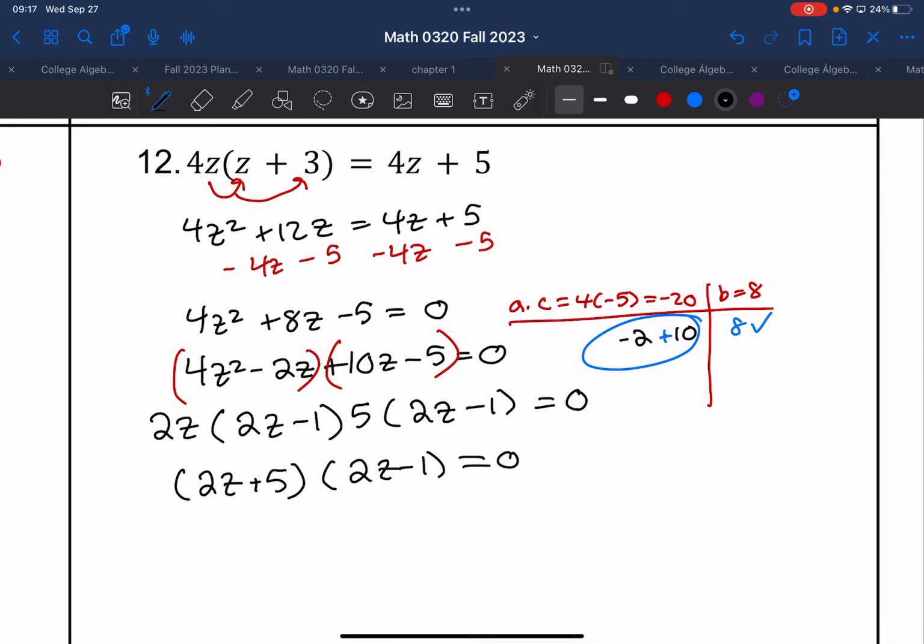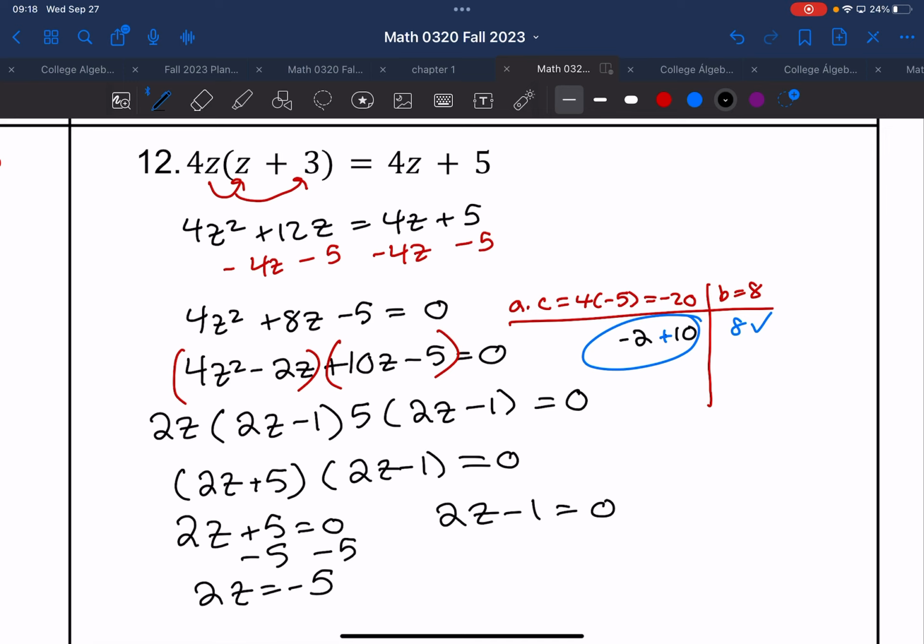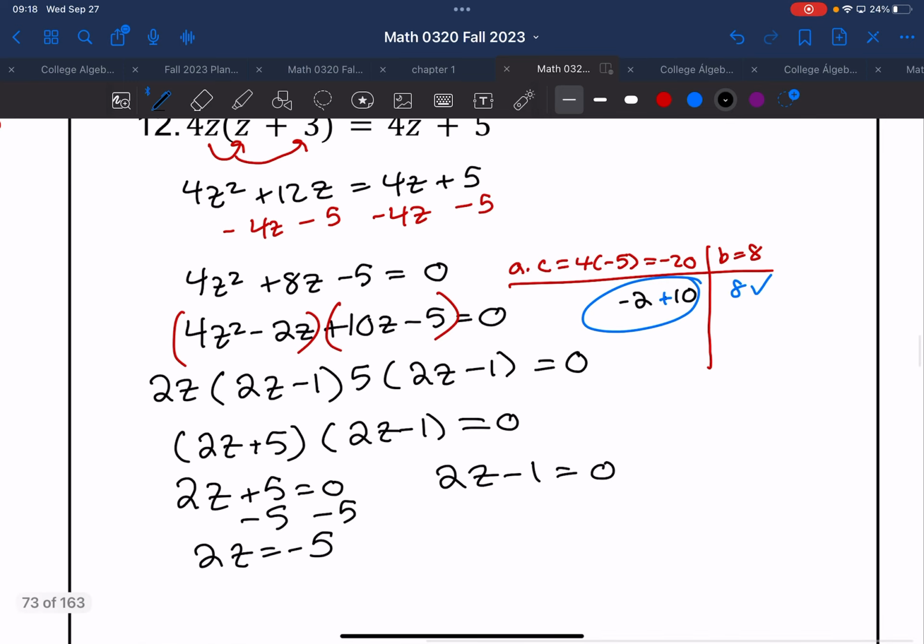Now I set each equal to 0 to get my answer. So 2z plus 5 equals 0, and 2z minus 1 equals 0. So from the first term, I'm going to subtract 5, and I get 2z equals negative 5. And then I'm going to divide by 2, and I get z is equal to negative 5 halves.